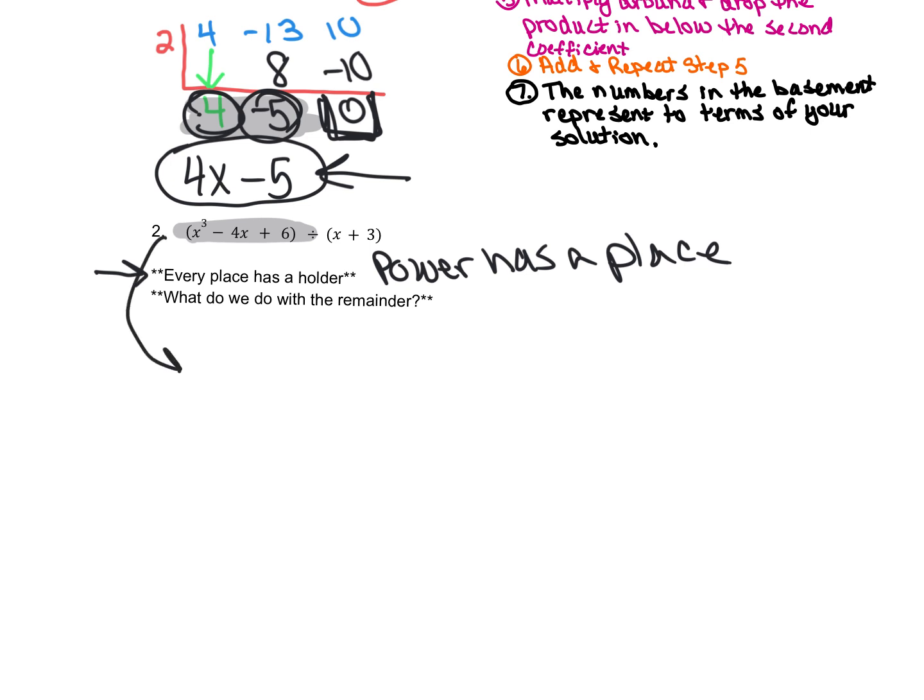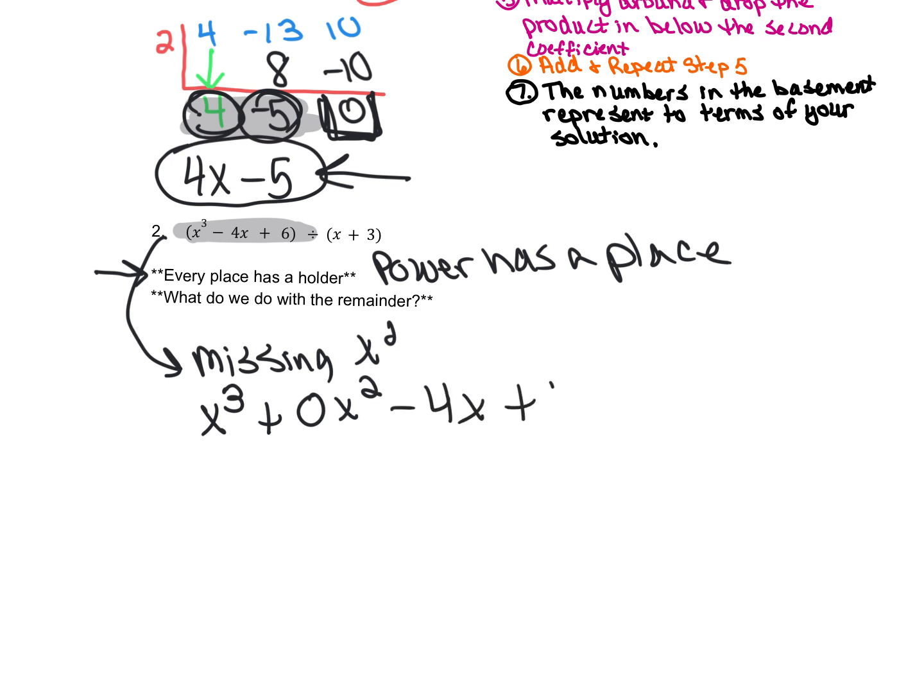I am missing an x squared, which means I need to have a placeholder for that. So my actual equation that I'm using for coefficients would be x to the third plus 0x squared minus 4x plus 6. So now I have a third power, a second power, a first power, and a constant.